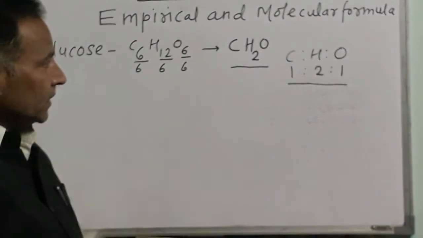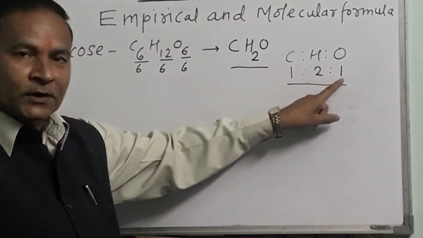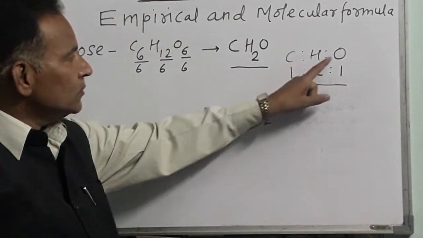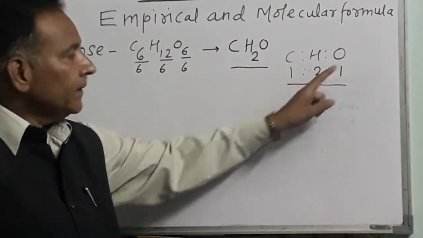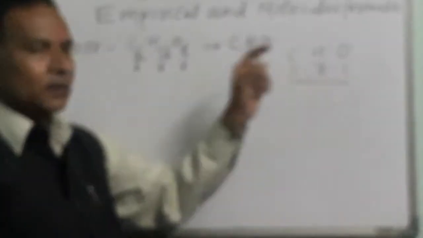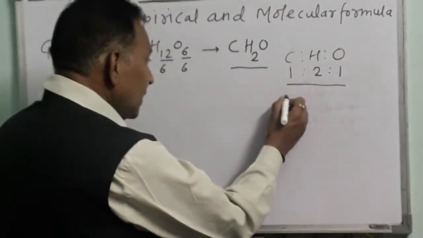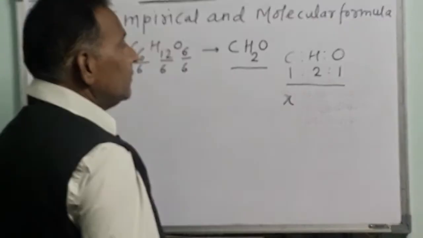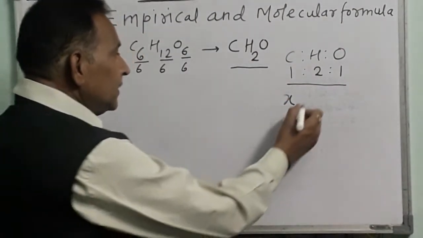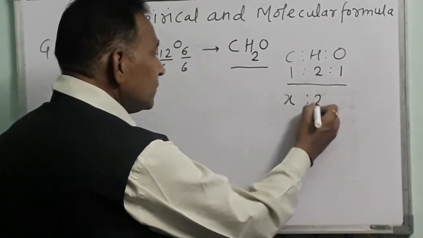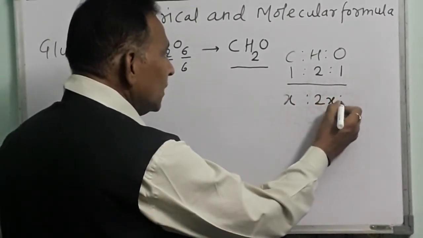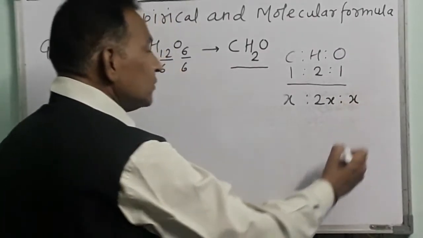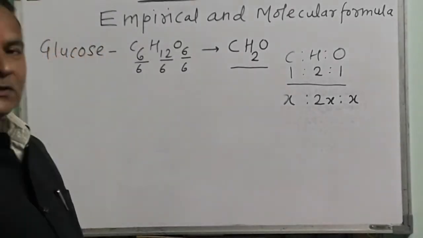So if x atoms of carbon are present in the empirical formula, then there must be 2x atoms of hydrogen and x atoms of oxygen.